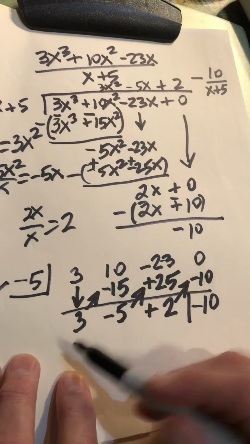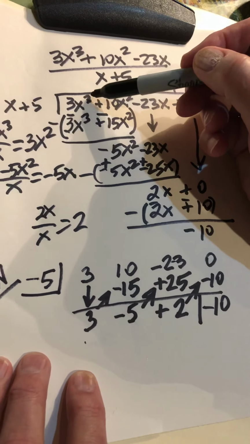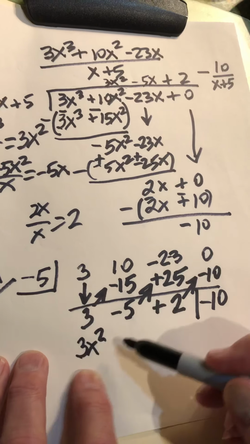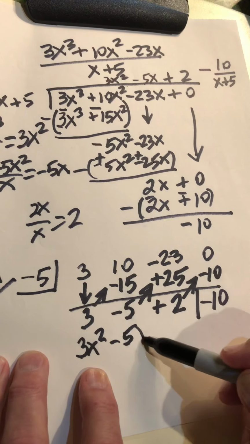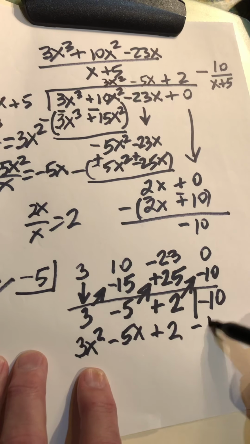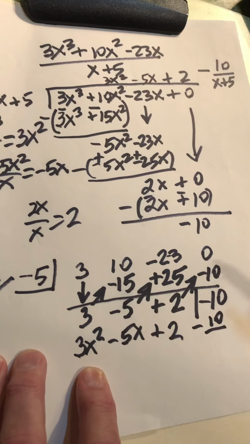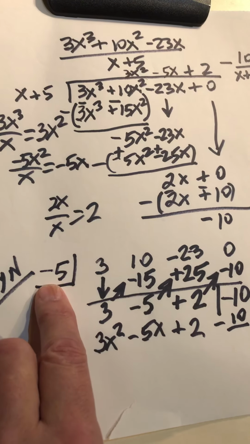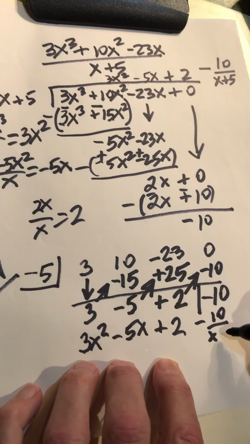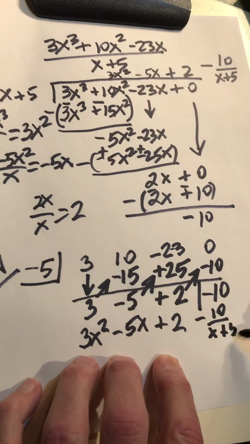Since the original dividend had x cubed, this is now squared. 3x squared minus 5x plus 2 minus 10 over the original divisor, which you recall, even though we have negative 5 here, was x plus 5. And do you see that we get the same answer?